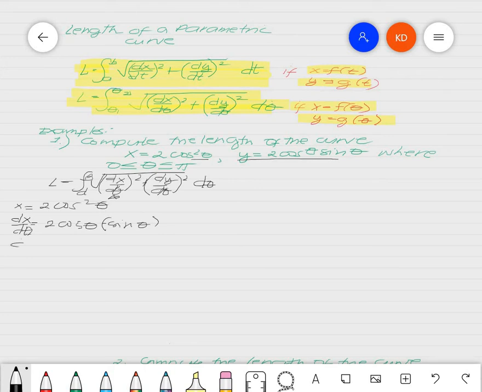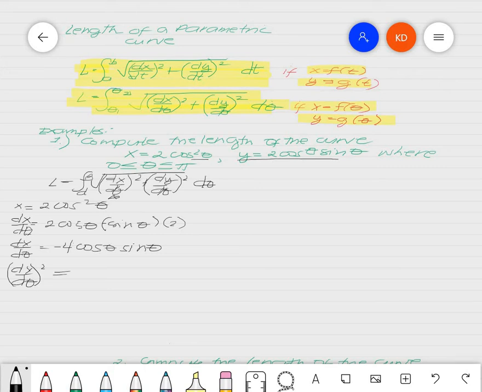We just rewrite it: negative, times 2, so we have negative 4 cosine theta sine theta.